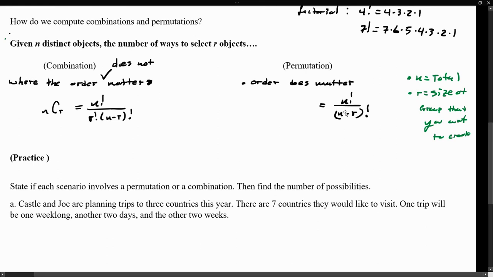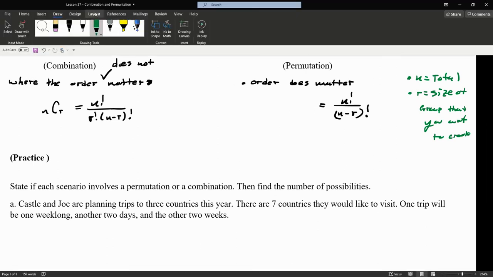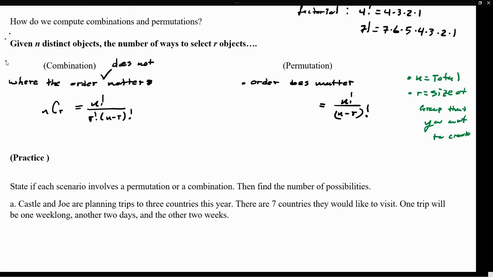So these are just some formulas that we'll be using. Now, one thing that I have to state again is the notation that we'll be using here. Because another way that we could write permutation is little n, big P, and then r. This is the notation that we can use to illustrate permutation.